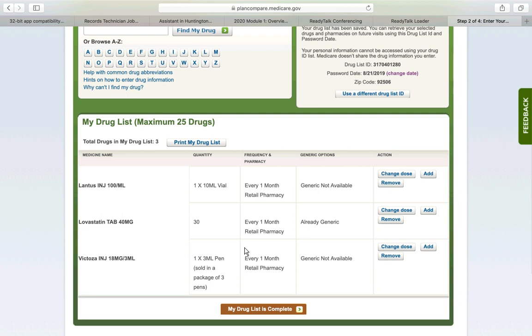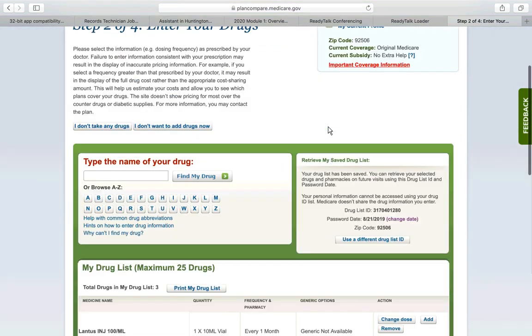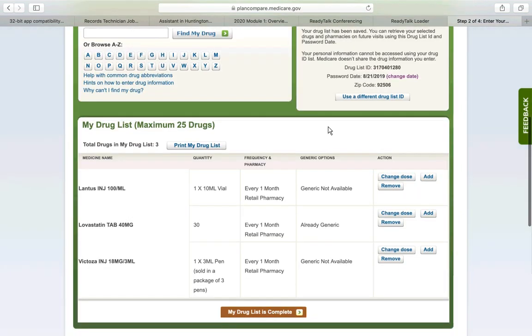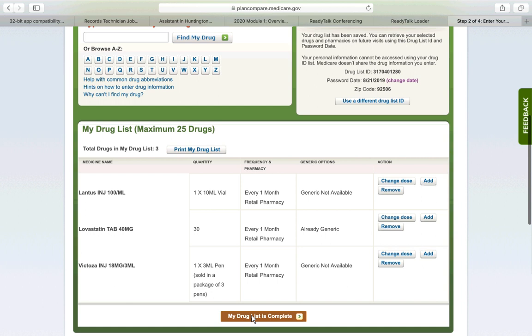Yeah, actually, it just got prescribed. Oh, okay, so this wasn't the medication I looked up for you prior, correct? Yes. Okay. That changes everything. So this is here to protect you from any type of allegation because it provides proof of the medications that you looked up. All right, so we're going to click on my drug list is complete.